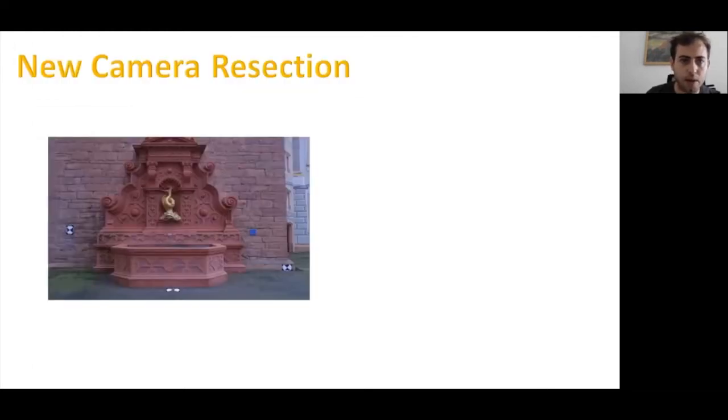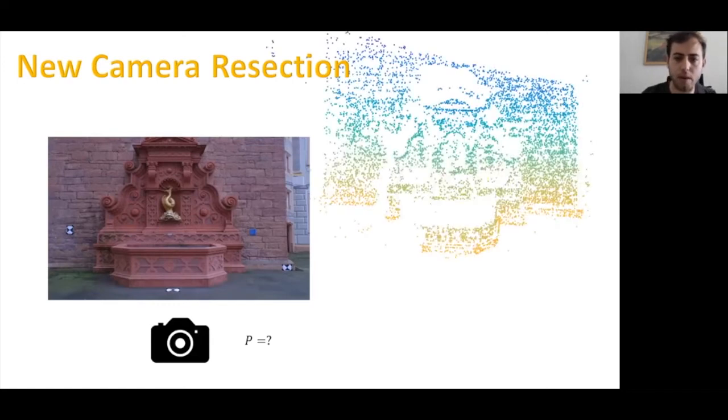We also talked about camera resectioning, where we're given an image and we don't know the camera parameters, but we have 2D-3D correspondences from the image to some estimated 3D model.